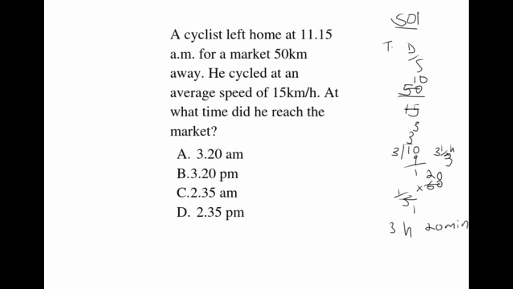Therefore, for us to get the time he reached the market, we take these 3 hours 20 minutes and add to 11:15 a.m. Therefore, we can proceed as follows. 11:15, 3 hours and 20 minutes.